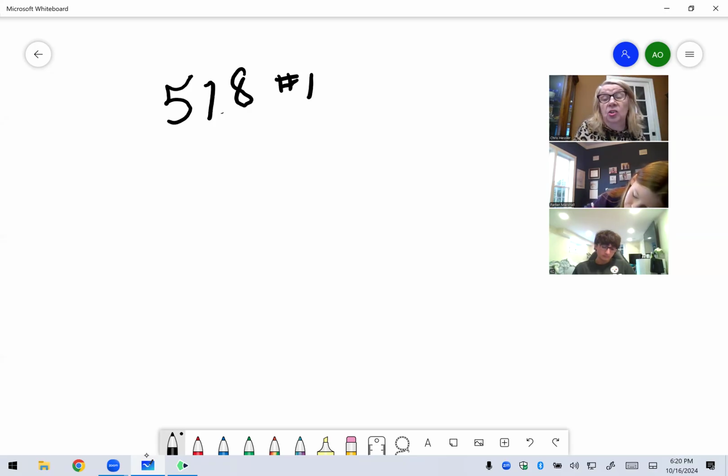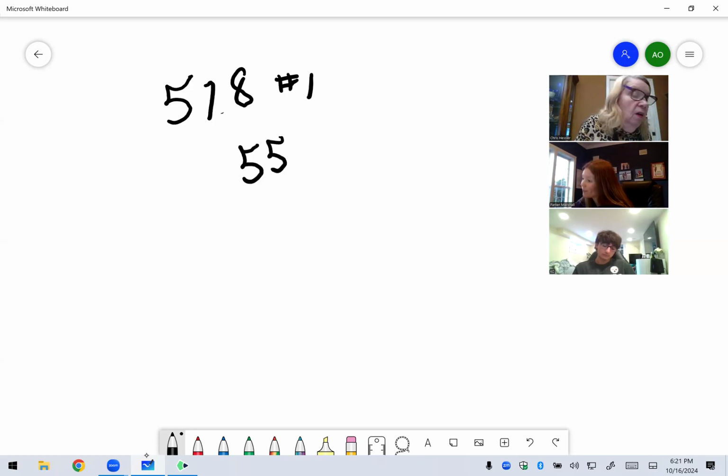Oh, this is a module 2, so it might be a little trickier. There's 55 students in a Spanish club. We're selecting some students at random. Of those that responded, 20% said they're going to enroll in the study program. So how many students are going to enroll?